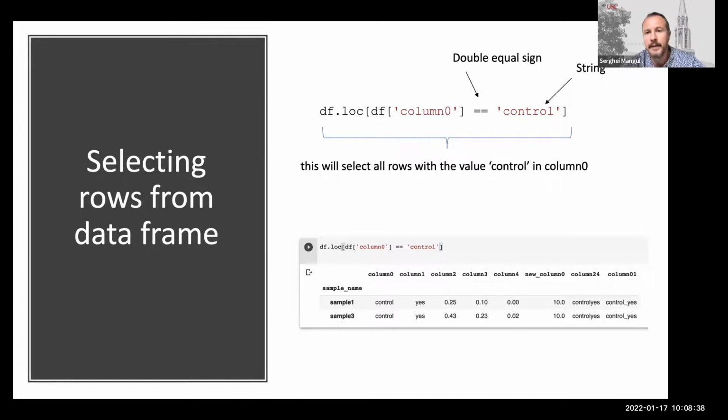So what you say, kind of very similar. You use the same loc function and you say df column 0 is equal to control, right? So you say df loc df column 0 is equal to control. Okay, so meaning that you are only selecting the rows which are controls. What that means is, in other words, you're selecting the rows which have element in the column 0 equal to control. That's what it means, like we're selecting control rows, okay?